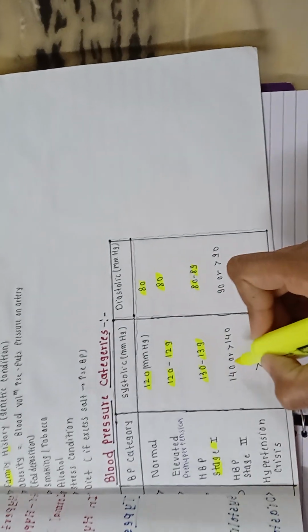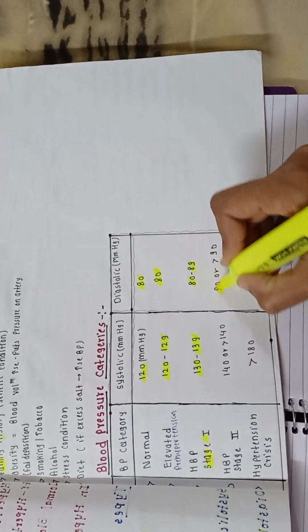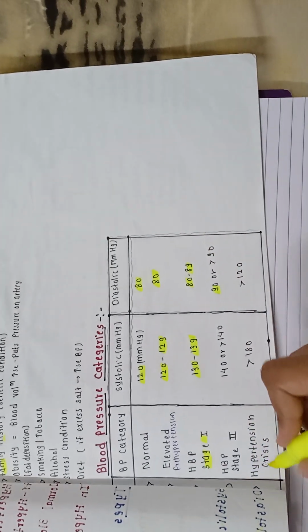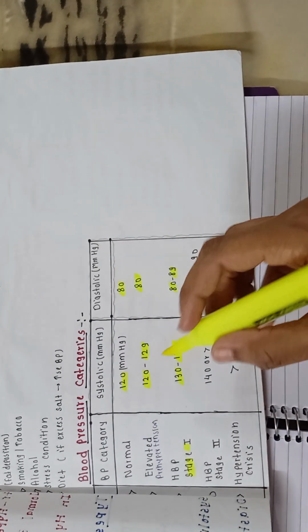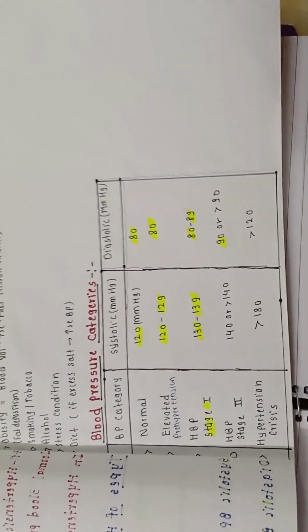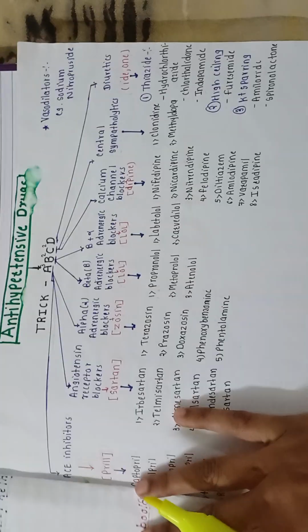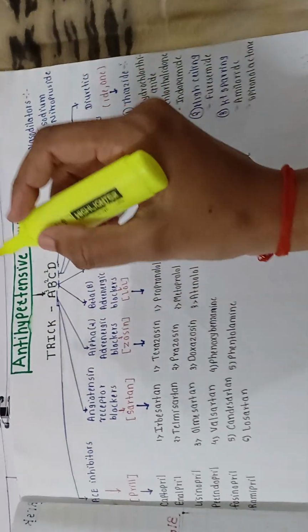Hypertension stage second is 140 or above, and diastolic is 90 or above. And in hypertension crisis, the systolic blood pressure is greater than 180 and diastolic is greater than 120.